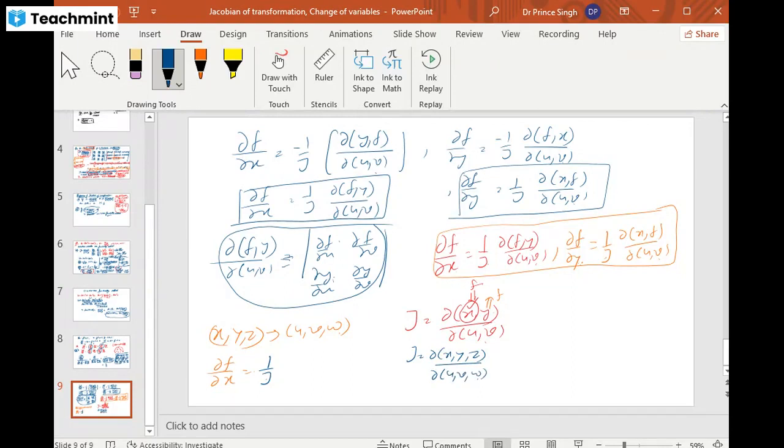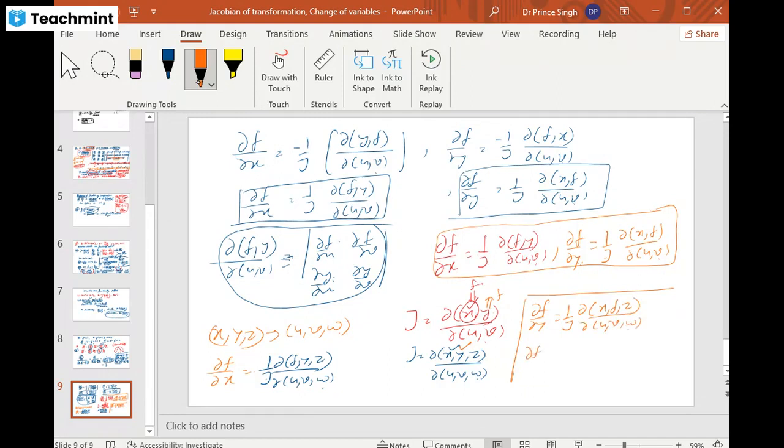We are firstly going to replace x with f in ∂f/∂x: Jacobian of f, y, z with respect to u, v, w. And if I want to calculate ∂f/∂y, replace y with f: 1 upon J times the Jacobian of x, f, z with respect to u, v, w. And if I want to calculate ∂f/∂z, replace z with f.